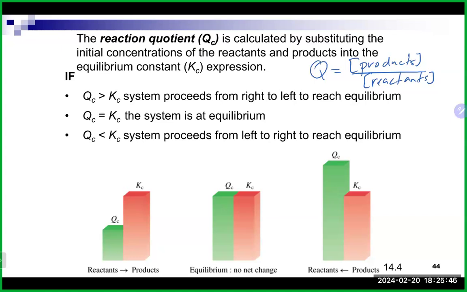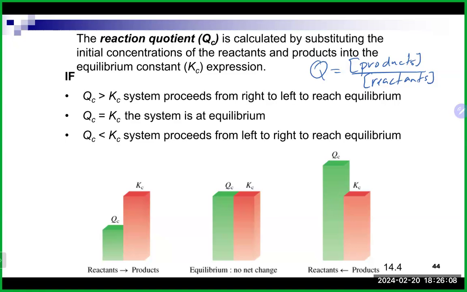So why do we use the letter Q? There are really 2 reasons why we use Q, and a couple different places where it will show up. But Q is used in a lot of cases to determine whether or not you're at equilibrium. So maybe you're given concentrations of everybody and you don't know if you're at equilibrium.